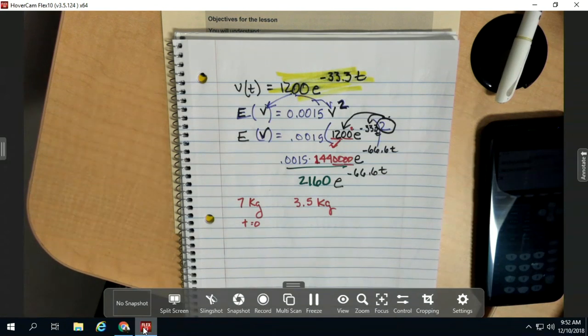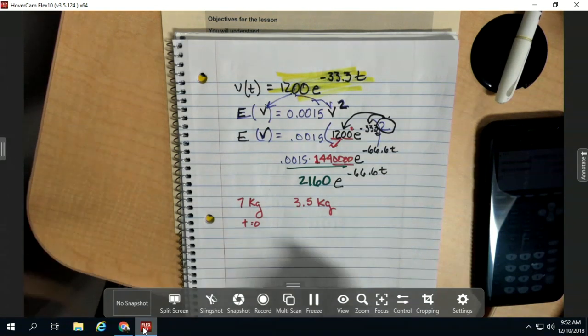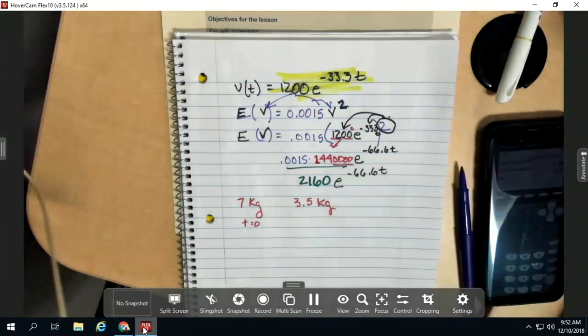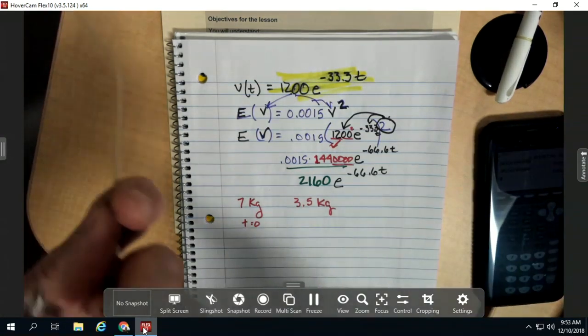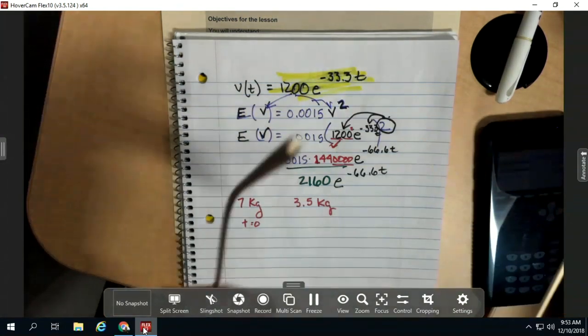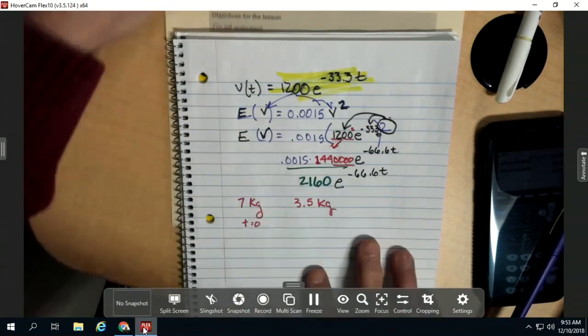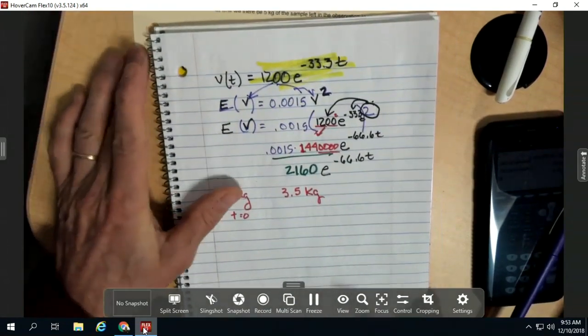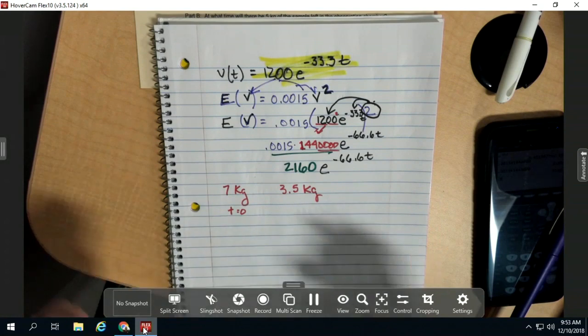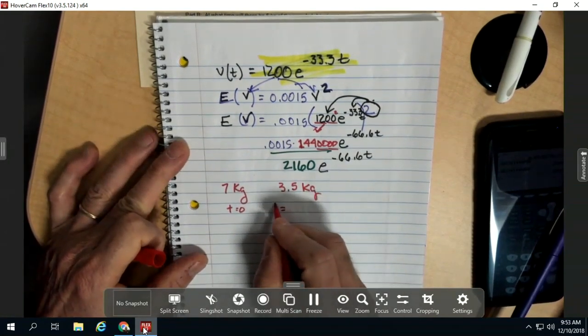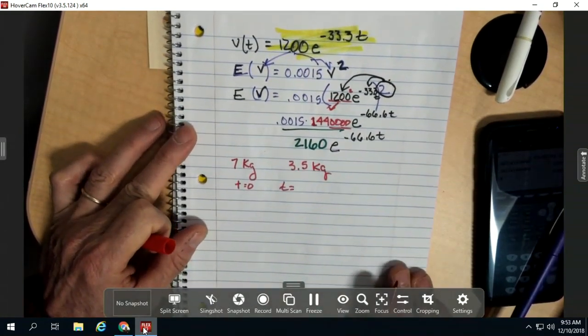Well, let's say, what's going to be true about the time if we get down to 3.5 kilograms? It's going to be like, I don't know, they don't even give us a number, do they? Oh, they do. Yeah, they do give us a time. But it's going to be at a certain time that's going to be bigger than that.